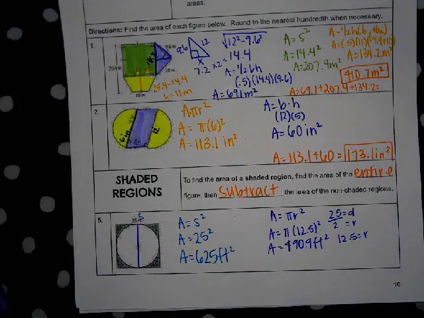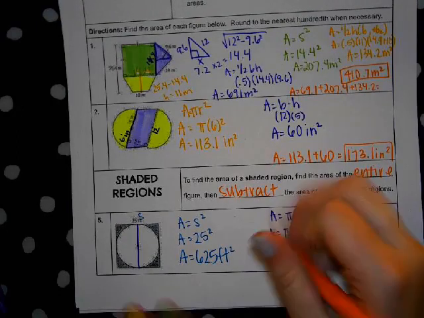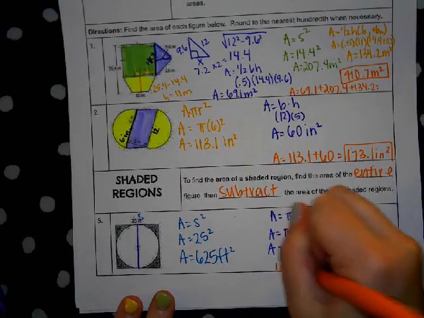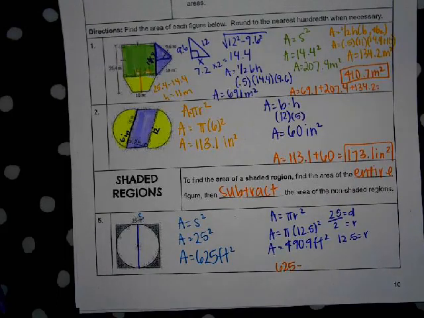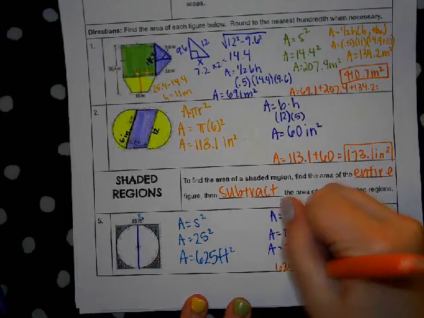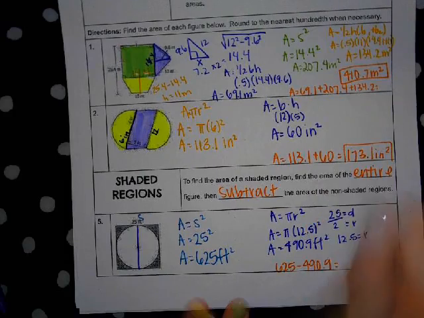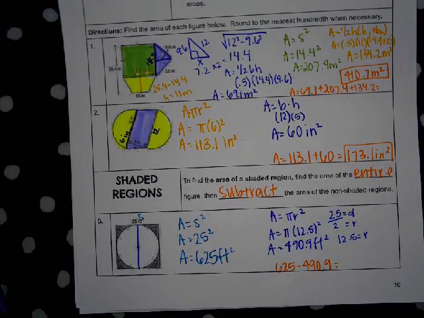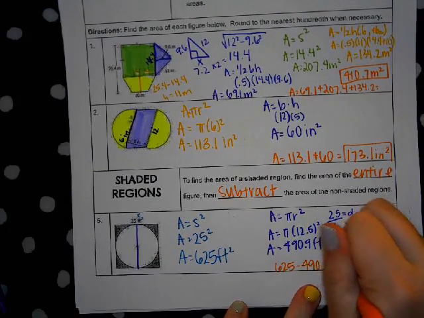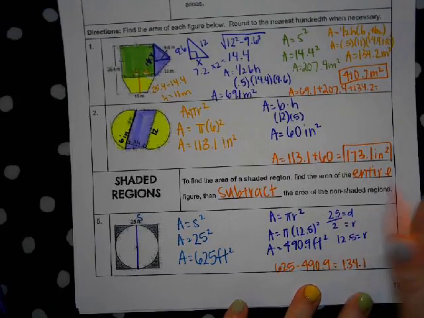I am seeing what is left when I take away the non-shaded figure. So I'm going to say 625 because that's the bigger one, that was my entire figure, minus 490.9. That's the unshaded. When I put that in the calculator, I'm left with 141.1 feet squared.